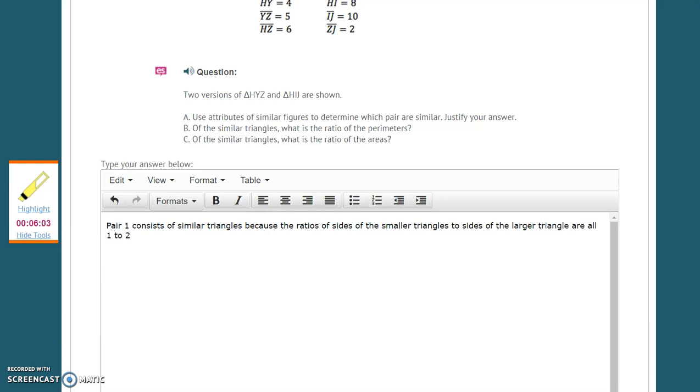You could also write that as 1 to 2. Either way. So the ratio of the sides of the smaller triangle to the larger triangle is 1 to 2.